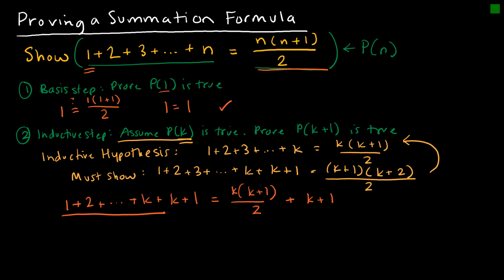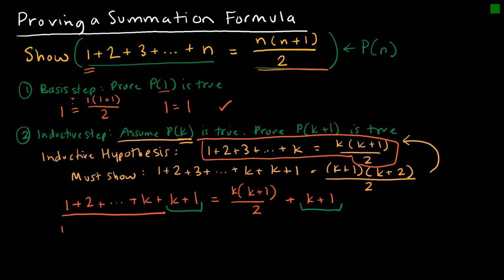All I've done essentially is added k plus 1 to each side of my equation, because I already knew that this equation was true, and so all I did was recopy that equation and then add k plus 1 to each side.